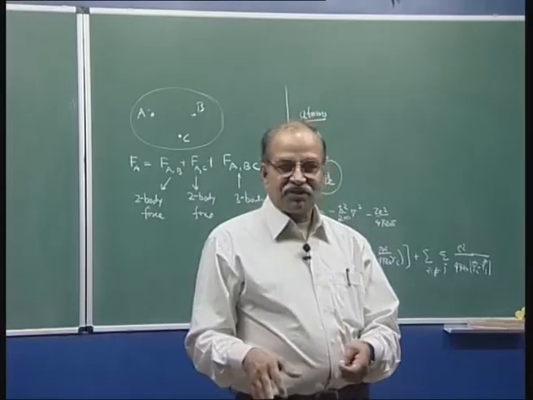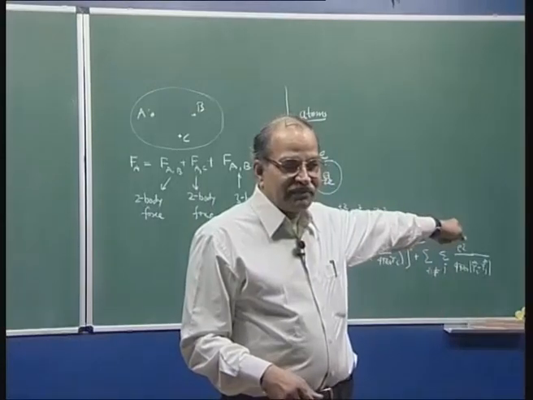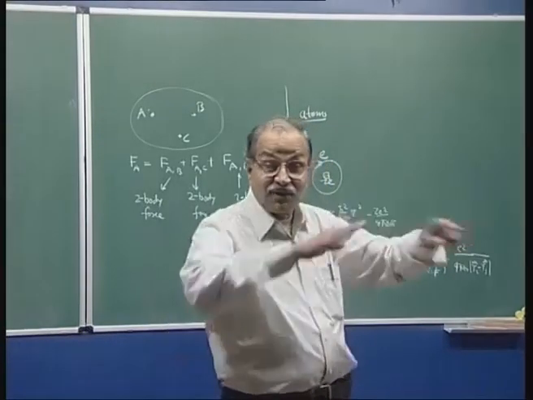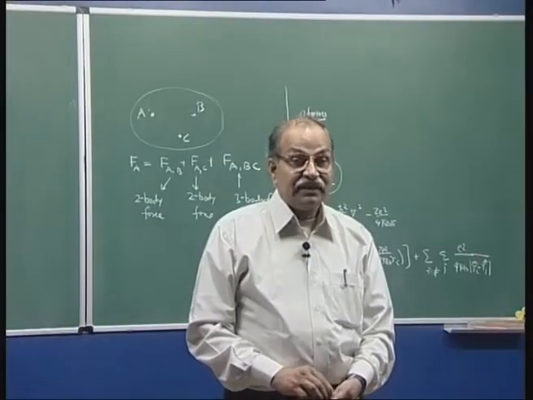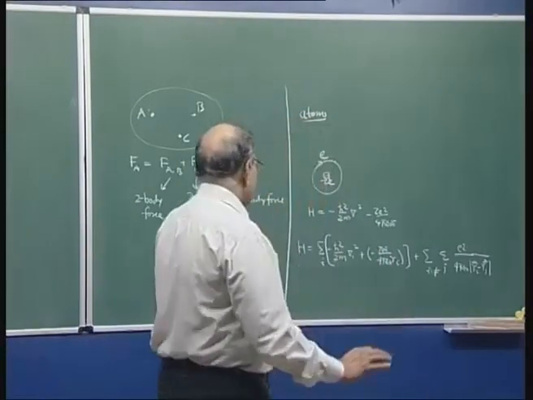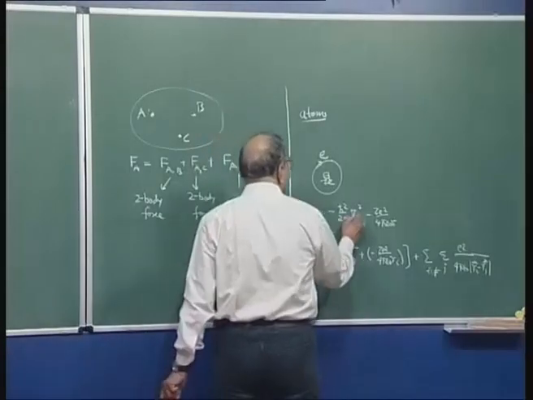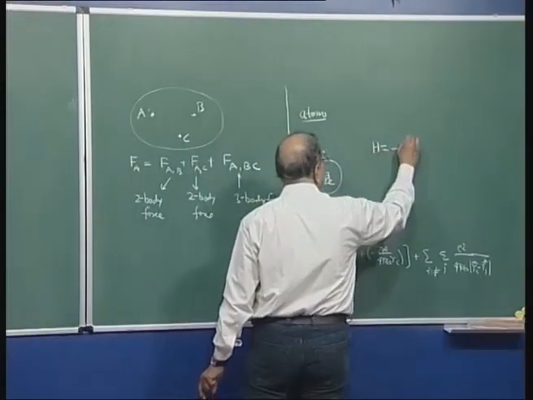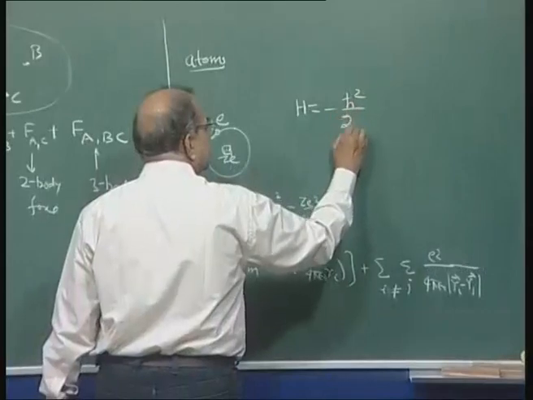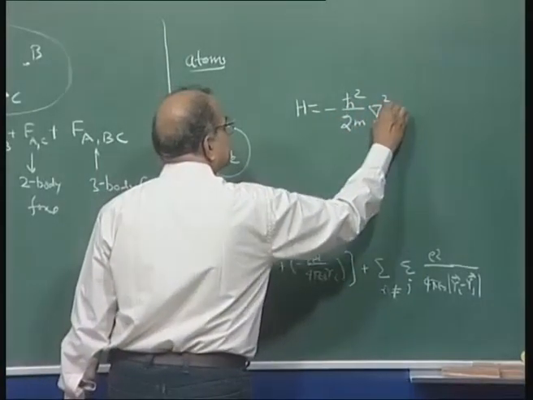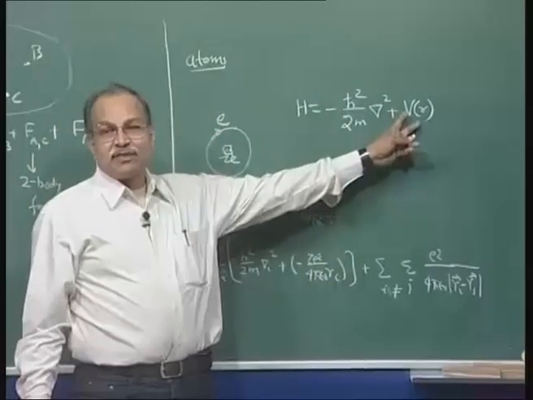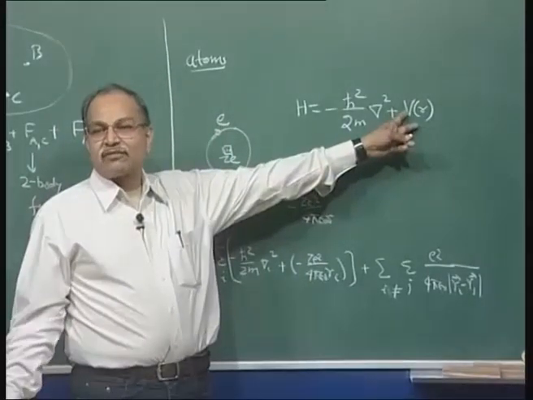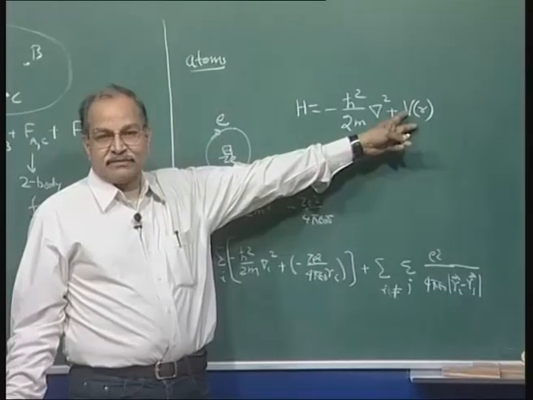This V as a function of r will not be this Coulombic expression; it will be some equivalent of all these things. But once you have that central potential, then you solve just one equation, not an equation like this. You consider one electron in this potential. This is that equivalent potential coming from all the remaining electrons and the nucleus and everything.